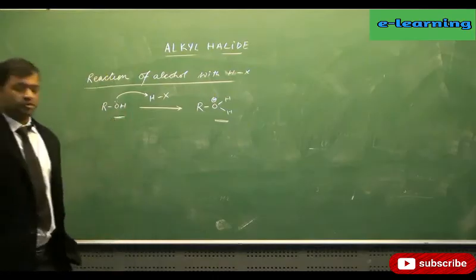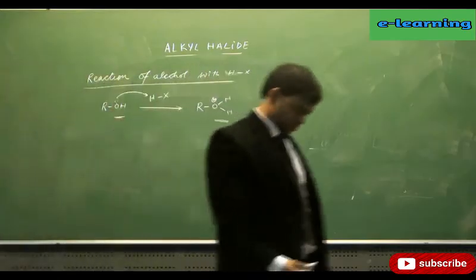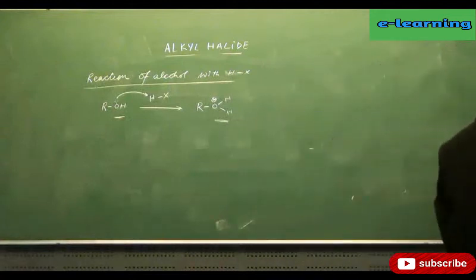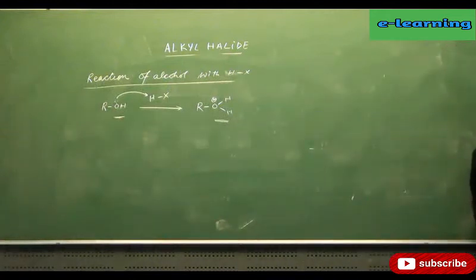Now it is a good leaving group; previously it was a poor leaving group. In the presence of acid, it is converted into a relatively better leaving group, that is, a good leaving group.